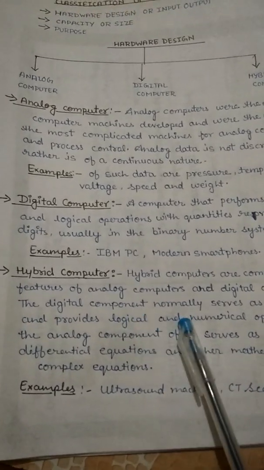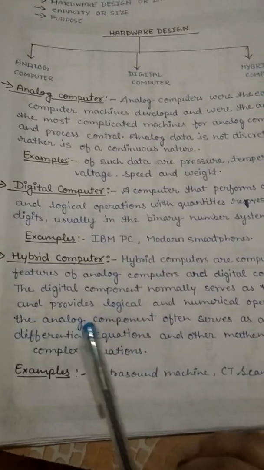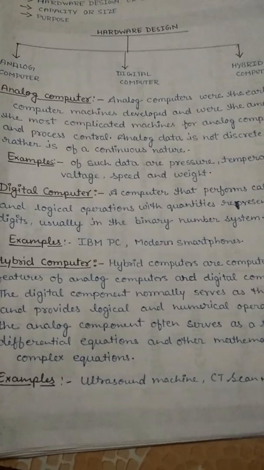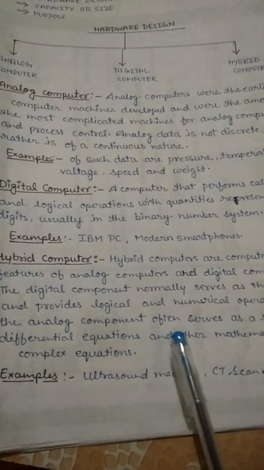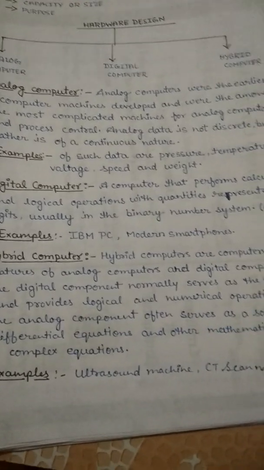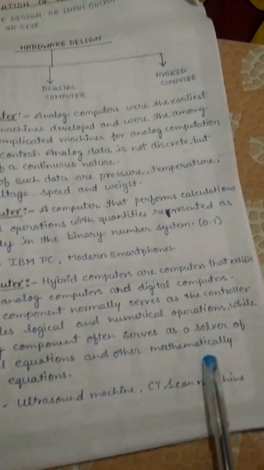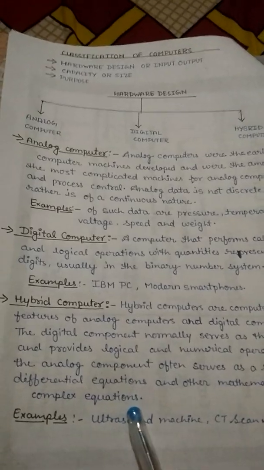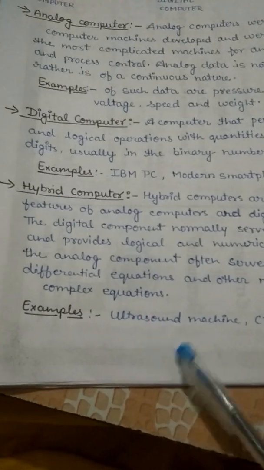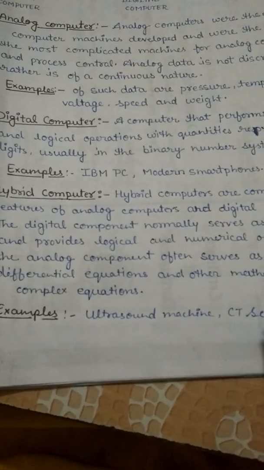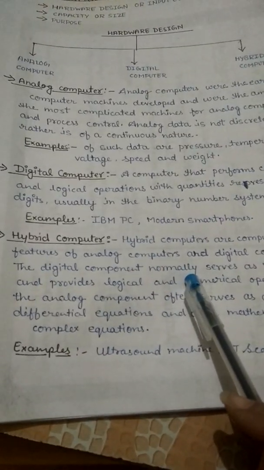The digital components normally serve as the controller and provide logical and numerical operations, while the analog components often serve as a solver of different evaluations and other complex mathematical equations. Examples: ultrasound machine and CT scan machine are examples of hybrid computer.